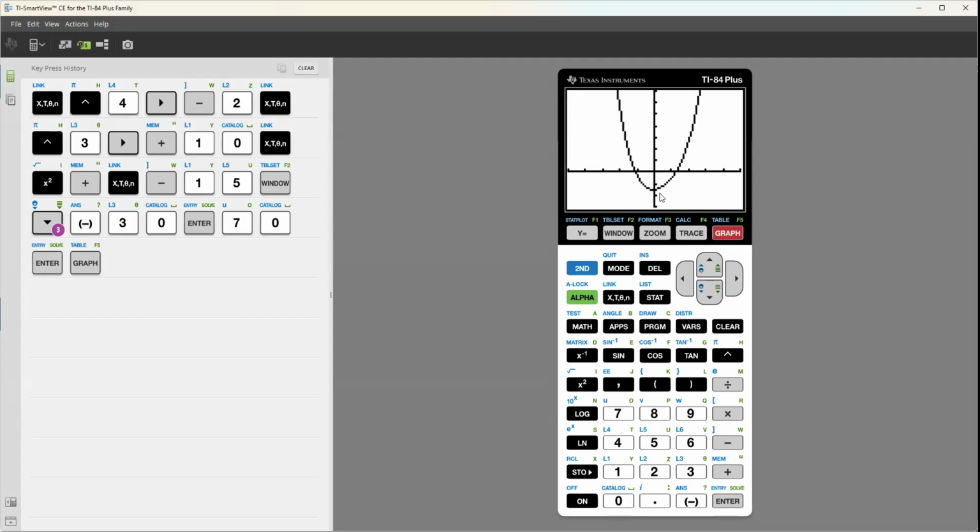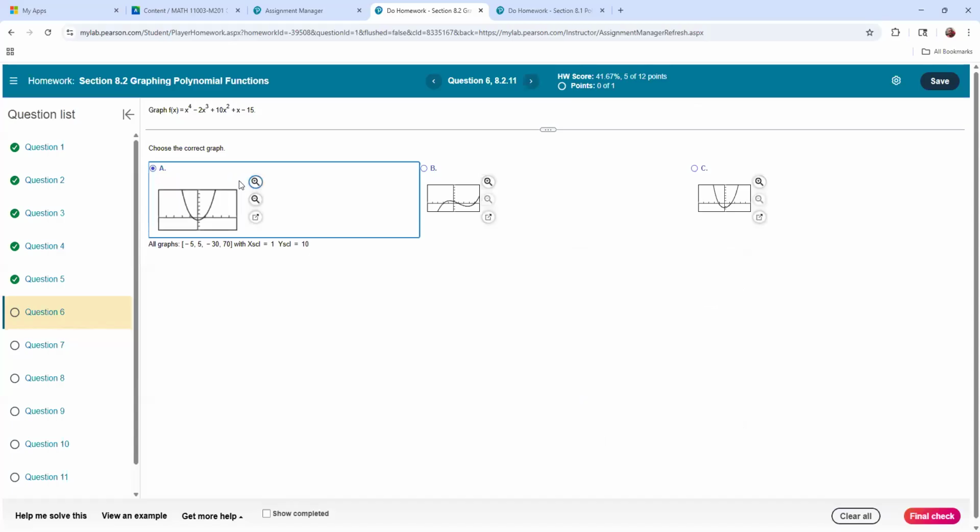So look, it looks like my graph is coming down the y-axis between that negative 10 and negative 20 there. Because remember, the y's are going by 10. So it's in between the negative 10 and negative 20. So when we go to Math Lab, and I'll make A bigger, A is like on top, but look at C.